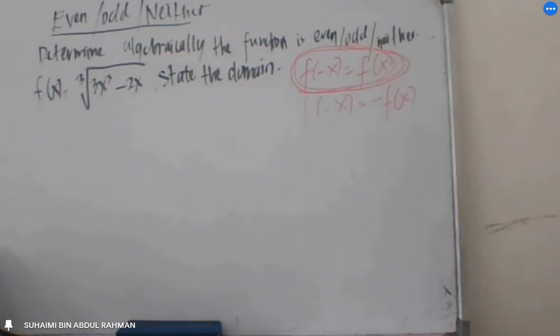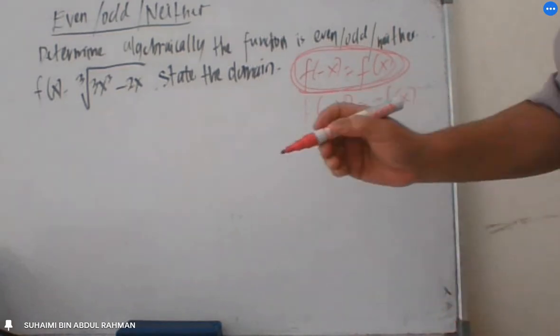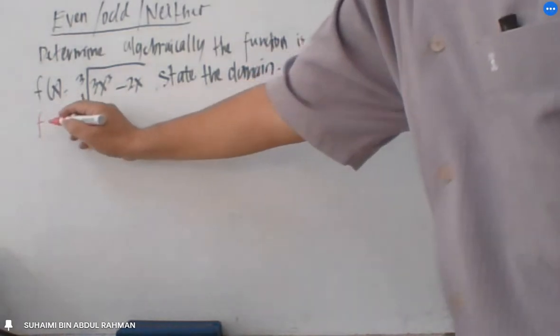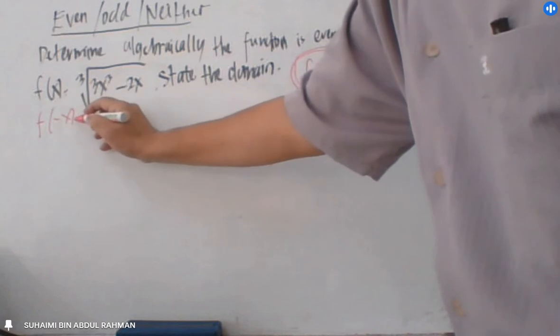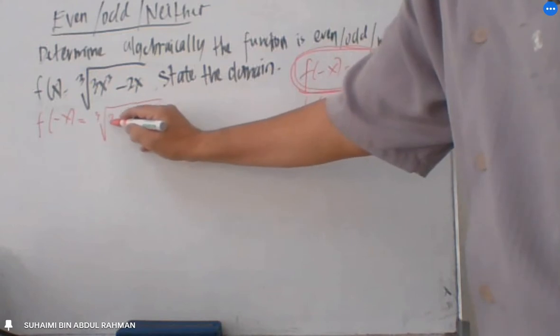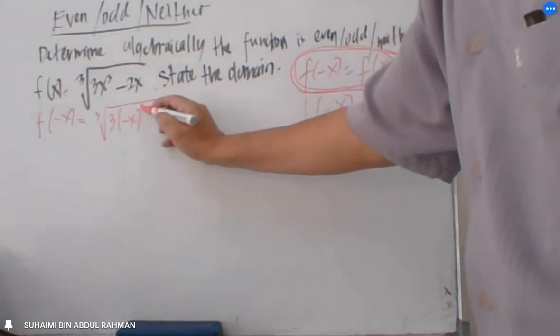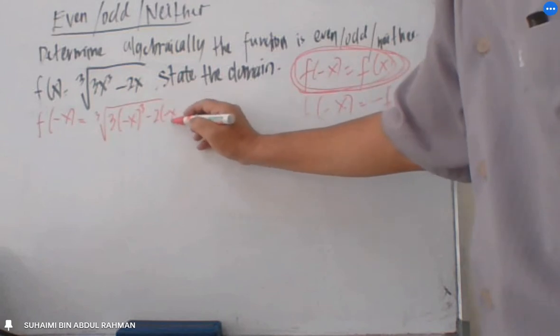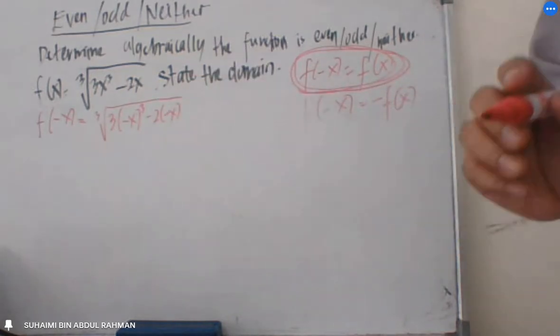What we do? f(minus x) is the cube root of 3 times minus x cubed minus 2 times minus x.